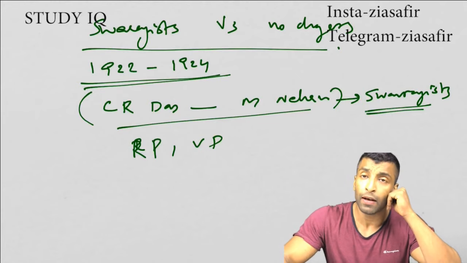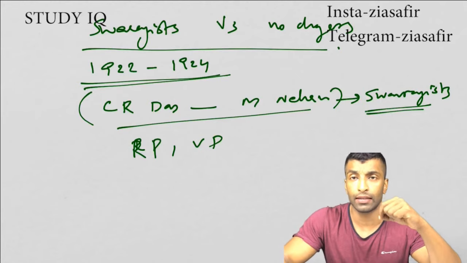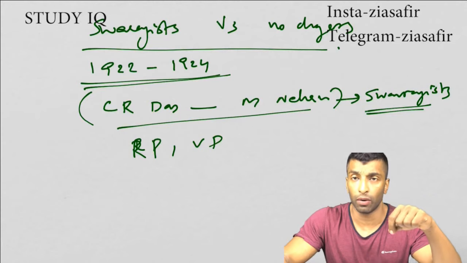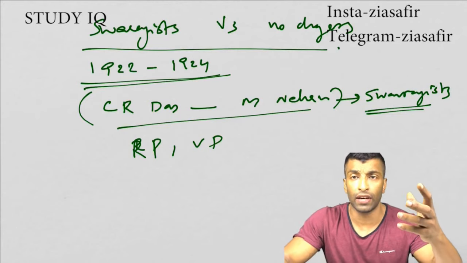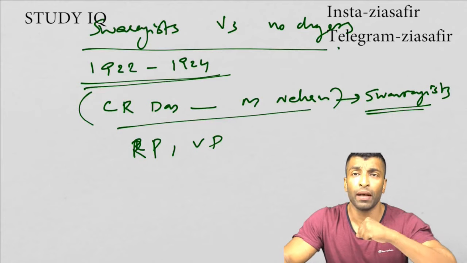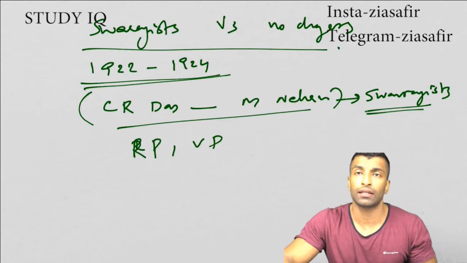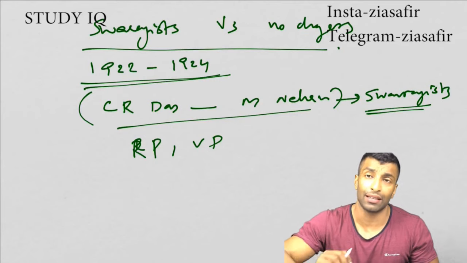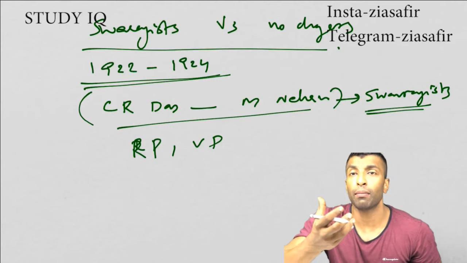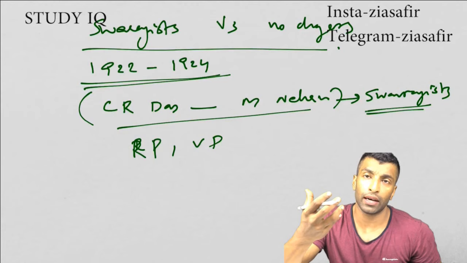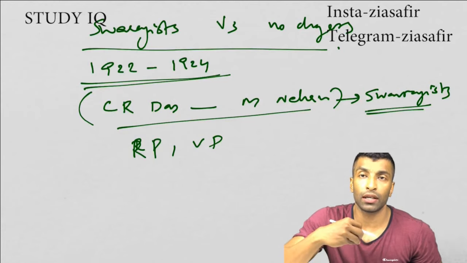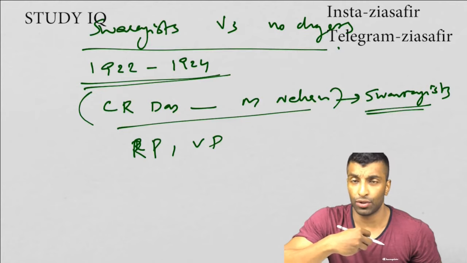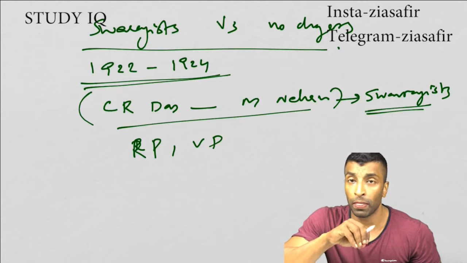So there is no point in contesting an election based on the 1919 Government of India Act, which was already rejected. You have to go for campaigning, and you don't want to waste your energy during this time. Rather, you should focus on building a mass base, try to get mass support, and do constructive social work during this time. This is the idea of the No Changers.